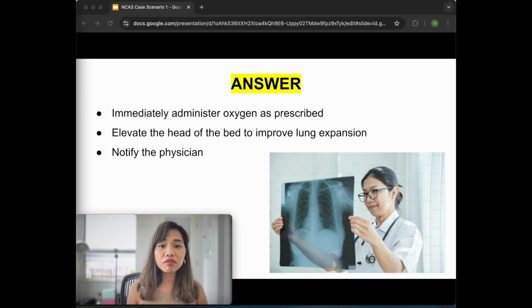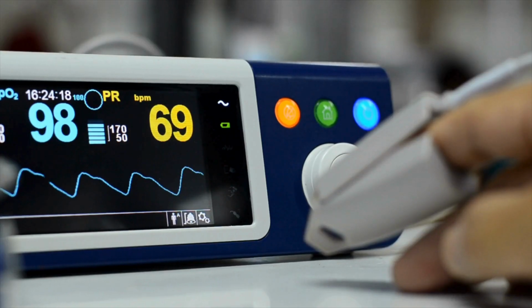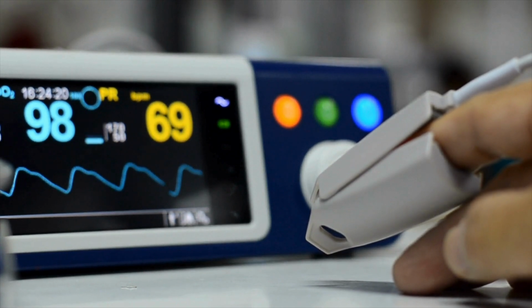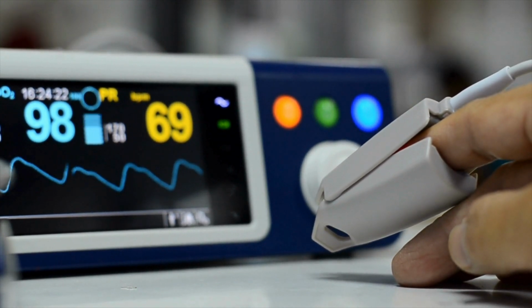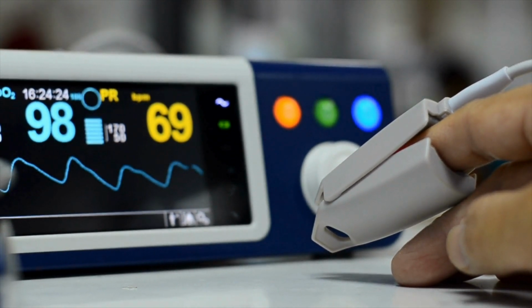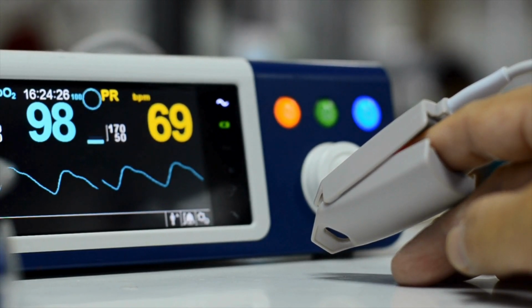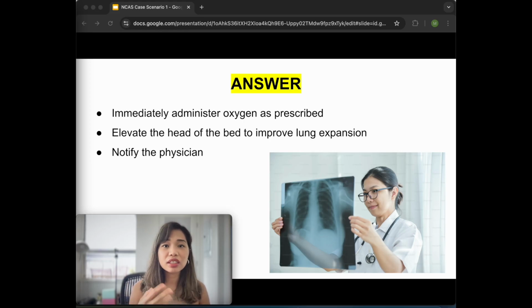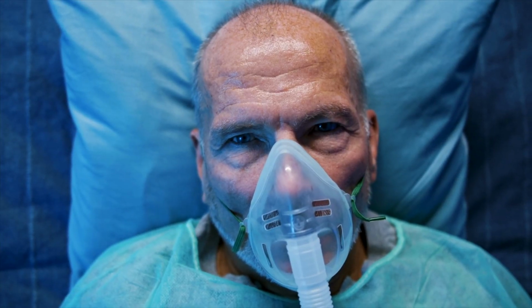So before you can even give any oxygen, you need to make sure you have the oxygen level. What is the current oxygen saturation of the patient, right? So make sure you are taking the patient's oxygen saturation level and also the patient's vital signs and any other assessment that you think is important before providing any medications or any interventions. Administer the oxygen as prescribed by the doctor.